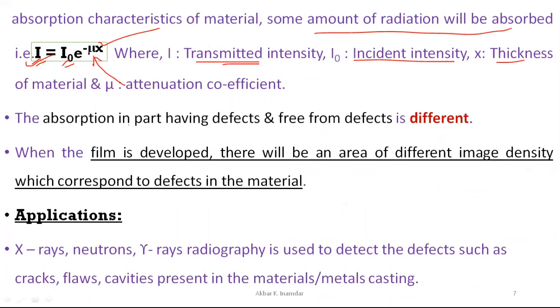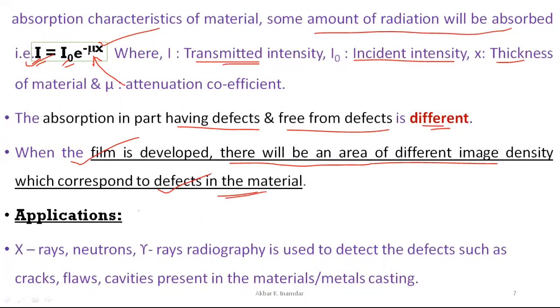The absorption in a part having a defect and a part free from defect is always different. Knowing this difference in radiation intensity, which will be seen on the film when the film is developed, there is an area of different image density which corresponds to the defects in the material.